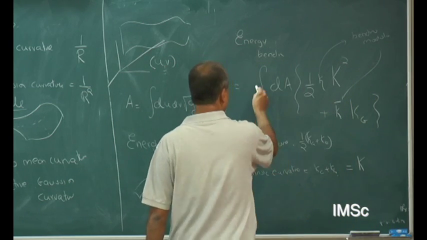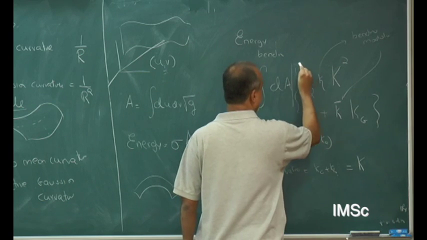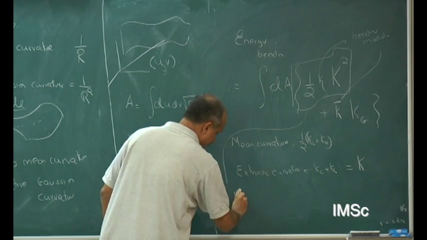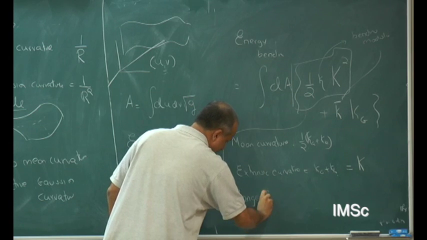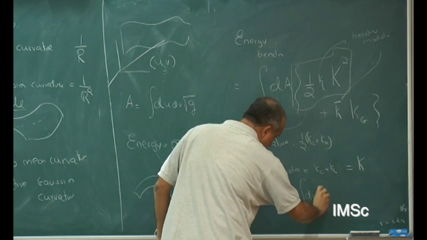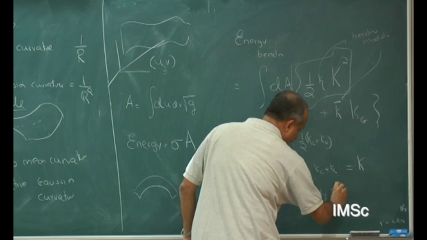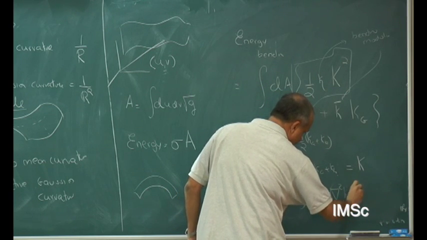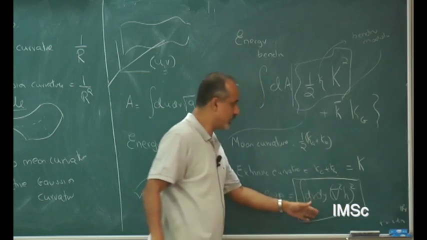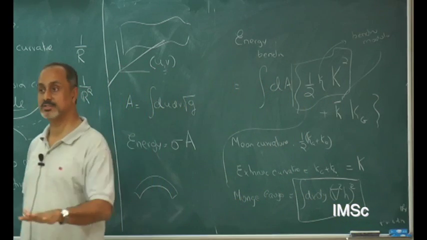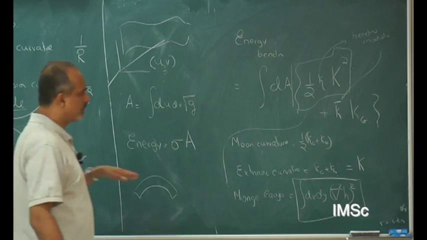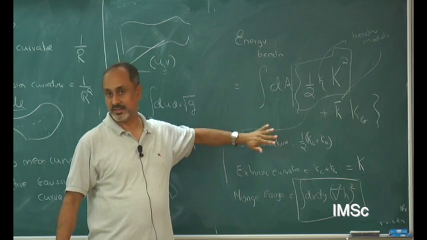This particular part simplifies in Monge gauge to be the integral dx dy of del squared h, the whole squared. But this is just one particular simplification in one particular choice of what my u and v are. We don't need to worry about it, strictly speaking.